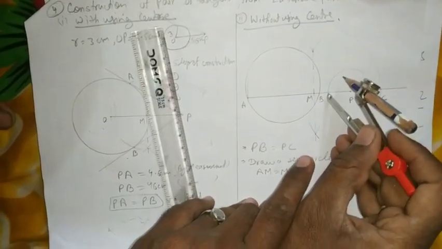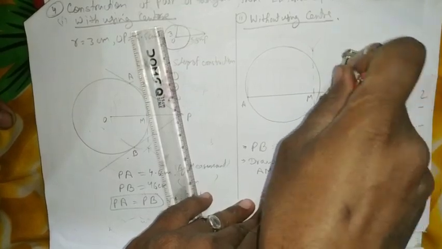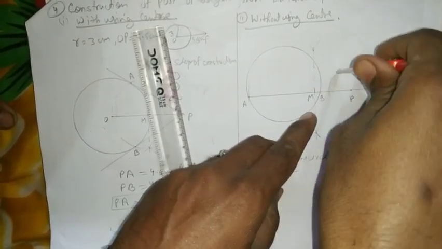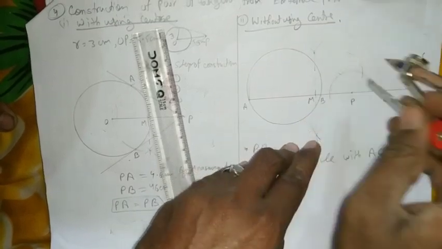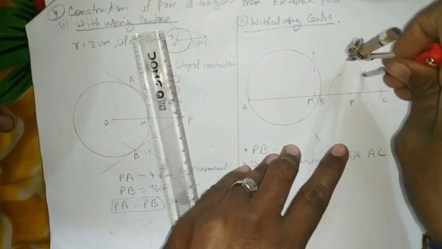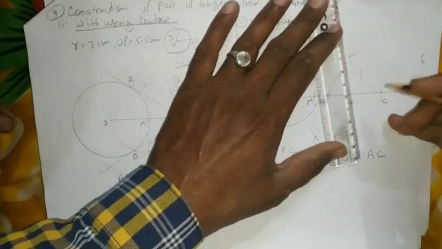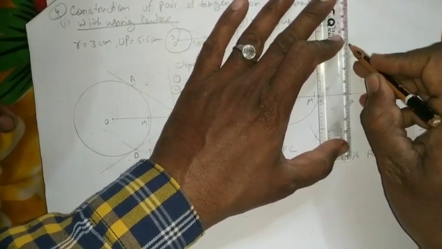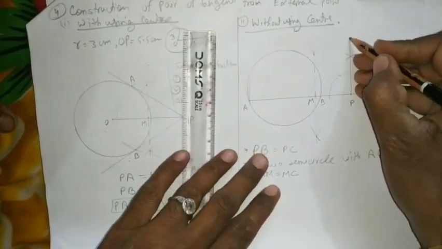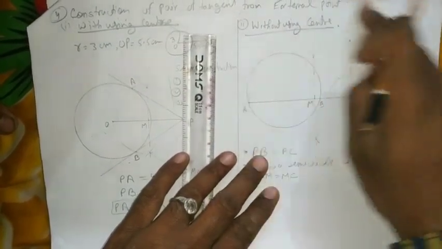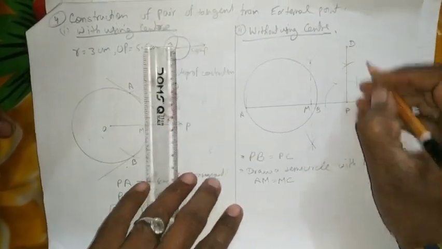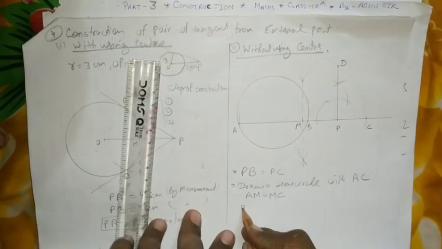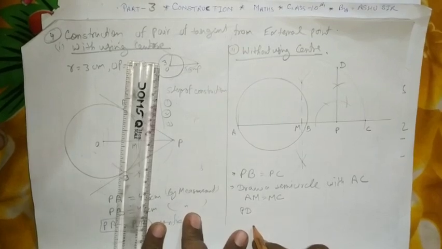First 60, second cut gives 120, upcut here, then you join this, you get the angle 90. And the right angle intersects the semicircle at D. So this is very good. PD is the perpendicular line.